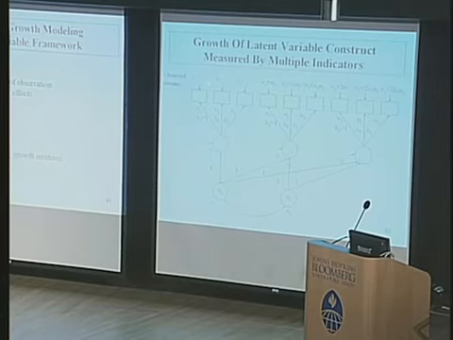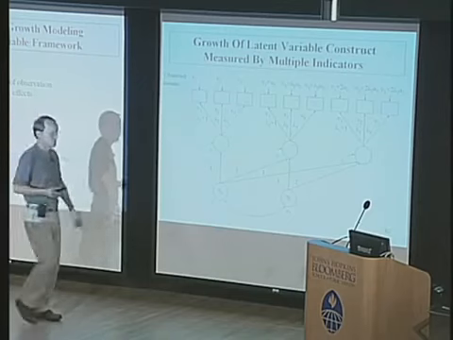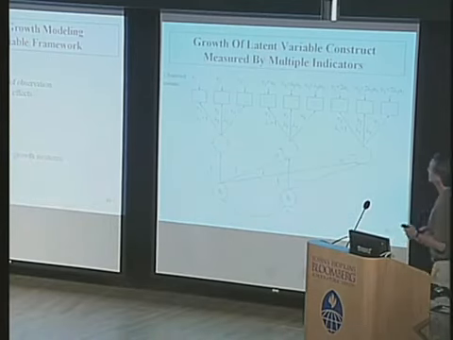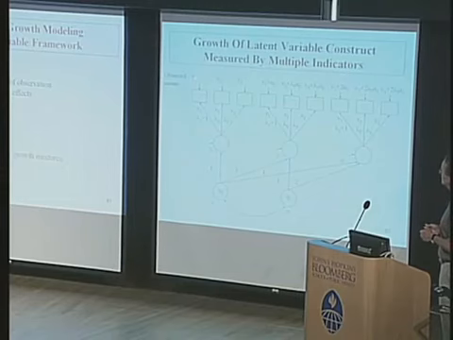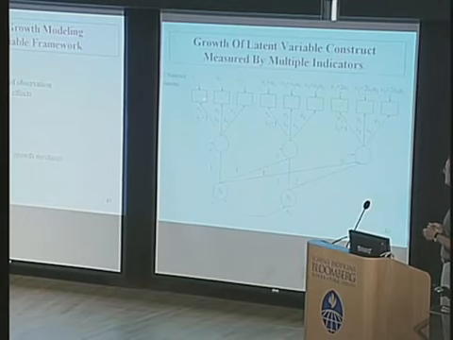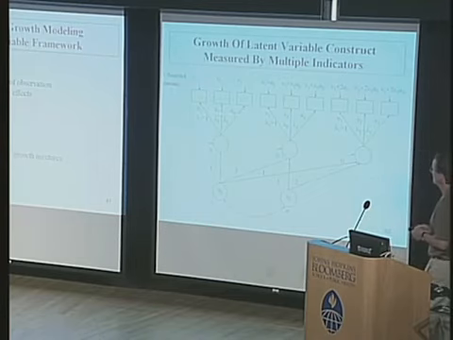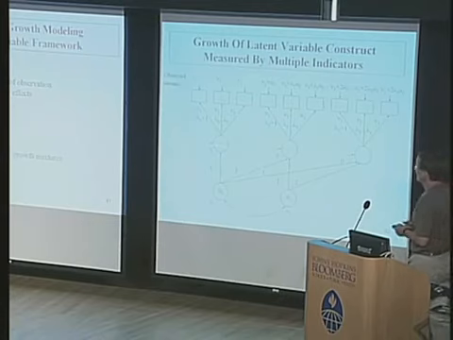What's written here at the top is how the means progress over time, and we don't need to go through that, but for those of you more technically inclined, and I know there are several of you who are, this represents the mean of the first item at the first time point, and the second item, the third item, and the mean of the first item at the second time point. The nus are the intercepts here.